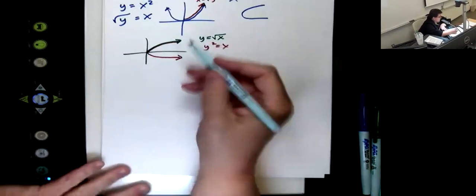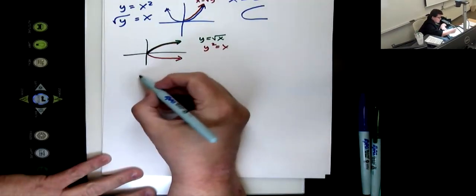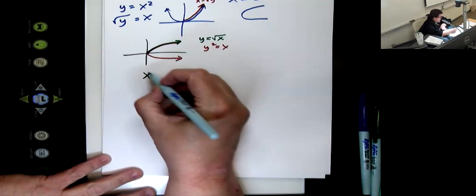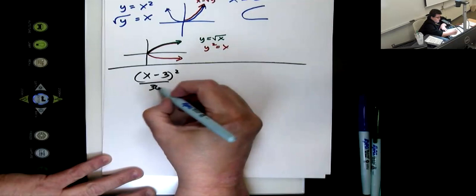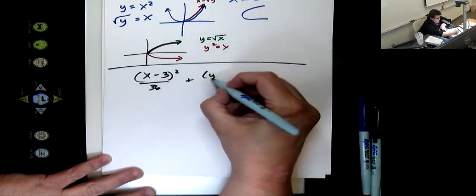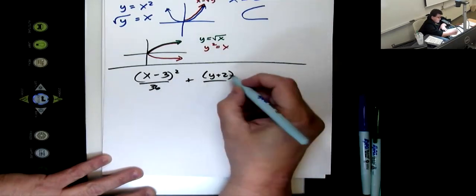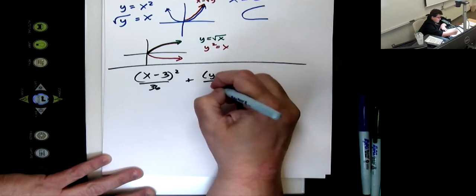All right, let's take a look at x minus 3 squared over 36 plus y plus 2 squared over 25.